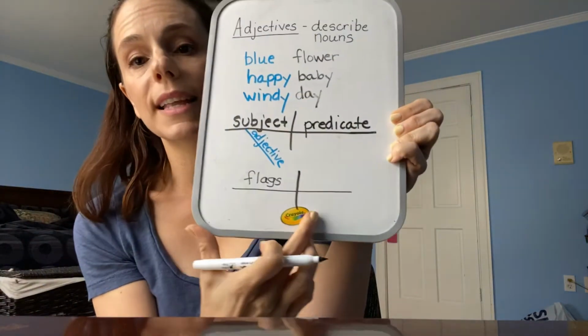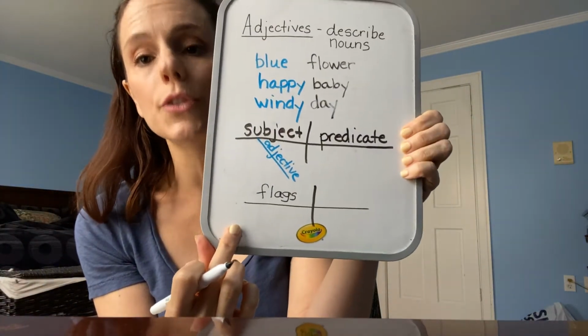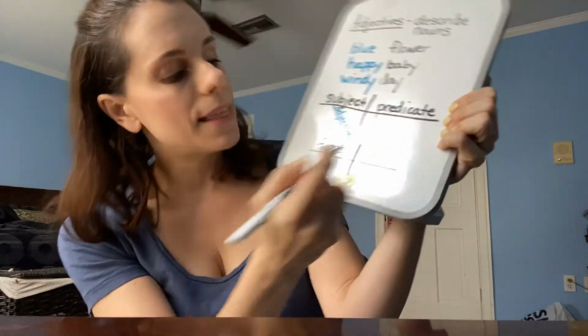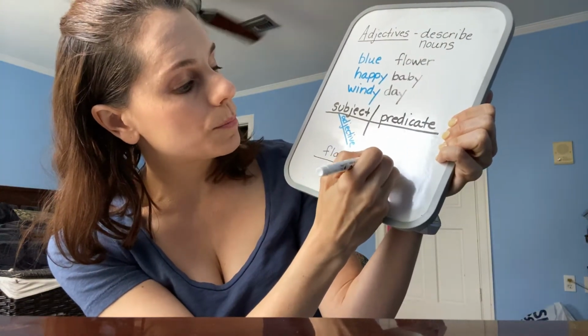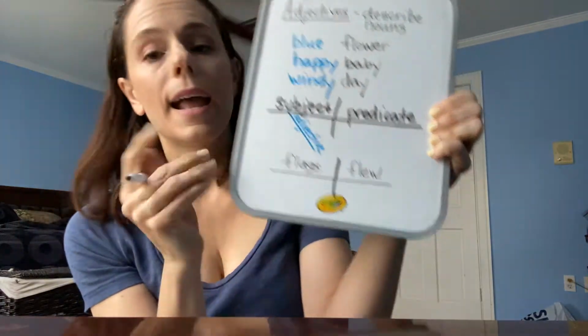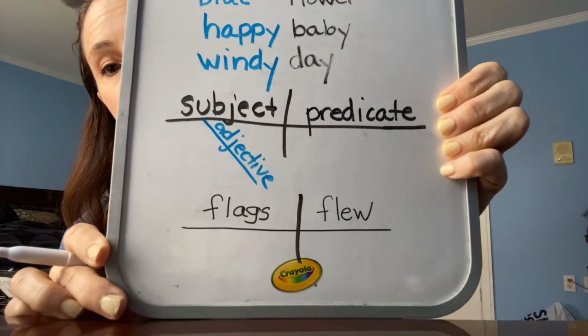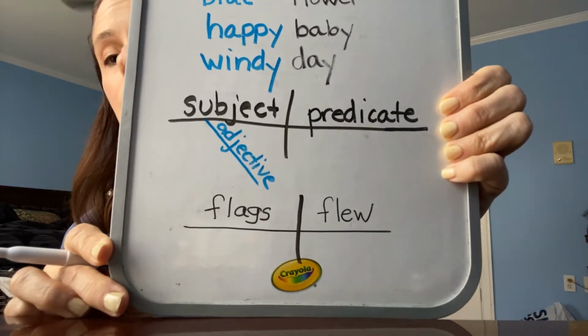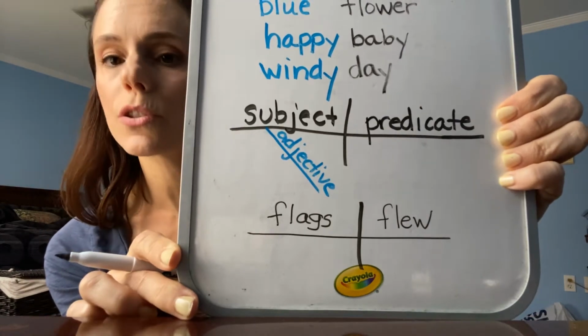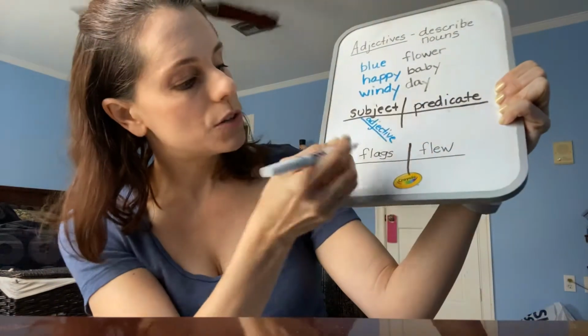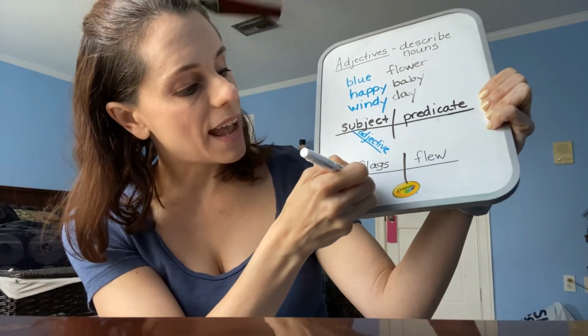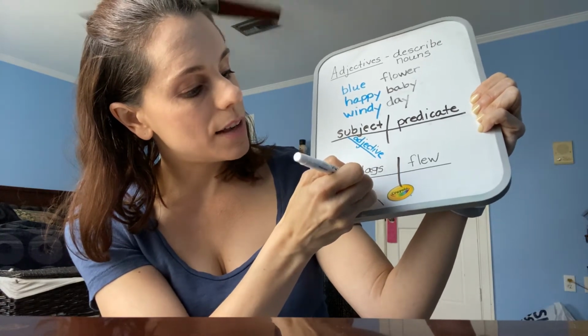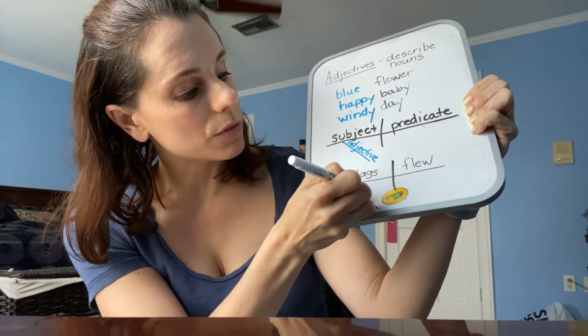All right, the predicate is the verb. What did the flags do? What is the action? They flew. And now there's one more word, and that's the word colorful. What is the word colorful doing? It's describing the flags. So you're going to put your diagonal line, and you're going to write the word colorful.